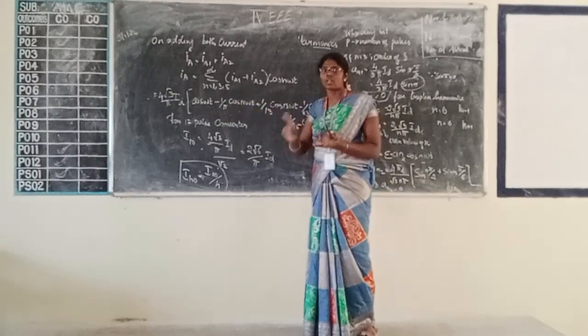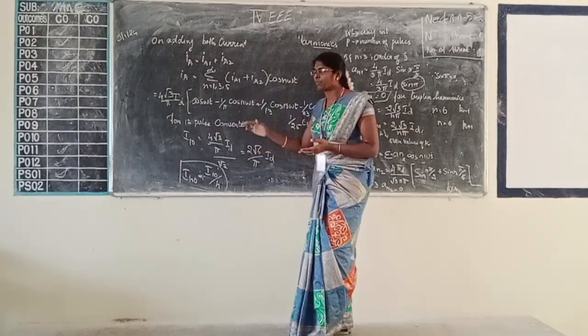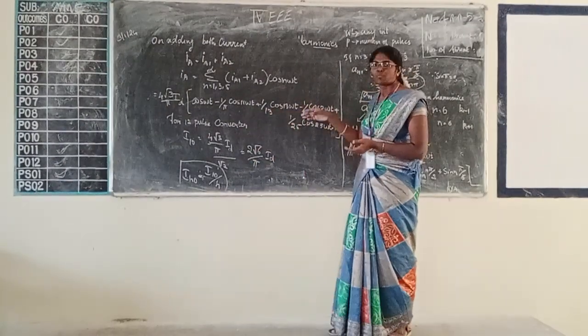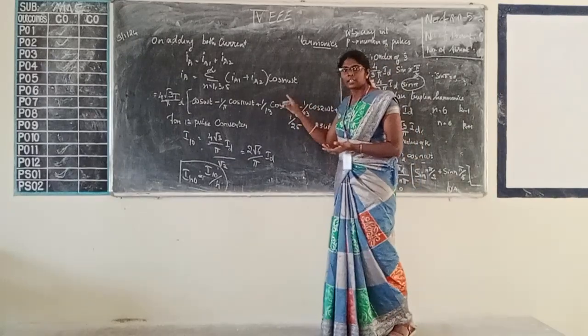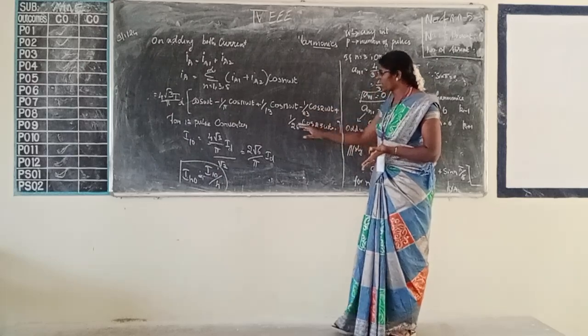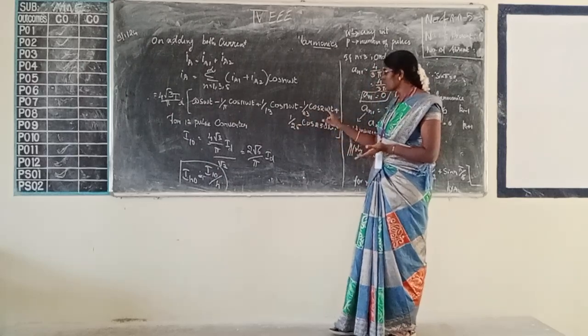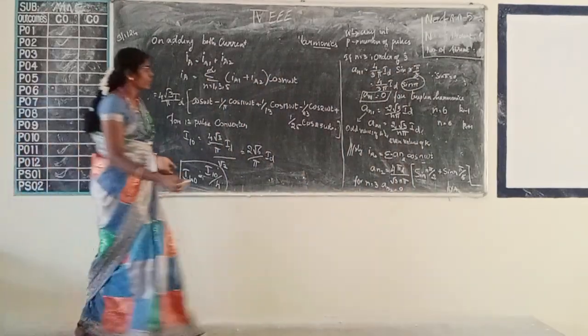So the first order, fifth order, next 7th order, all the odd-order components. Towards 15, 17, some of them will get cancelled. So here minus 1 by 23 cos 23 omega t, and here 1 by 25 cos 25 omega t. It is not cos 2, it is cos 23 omega t.